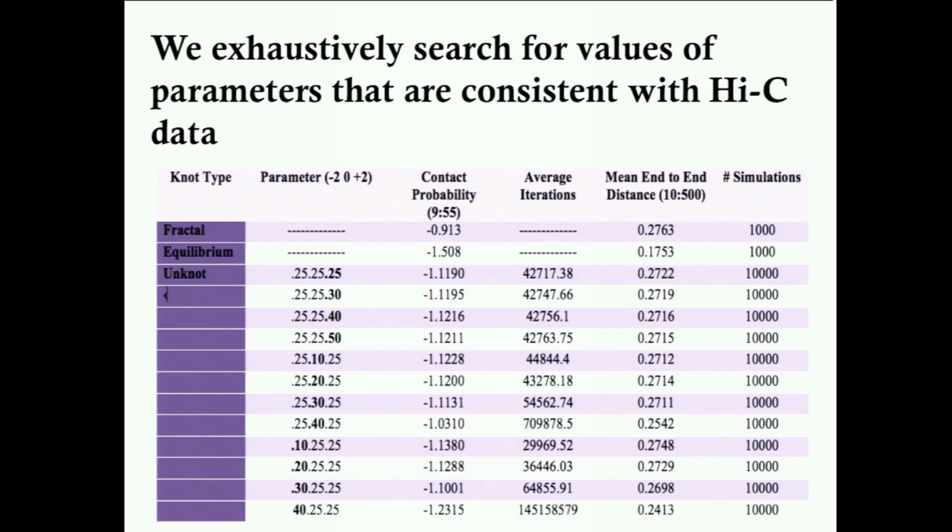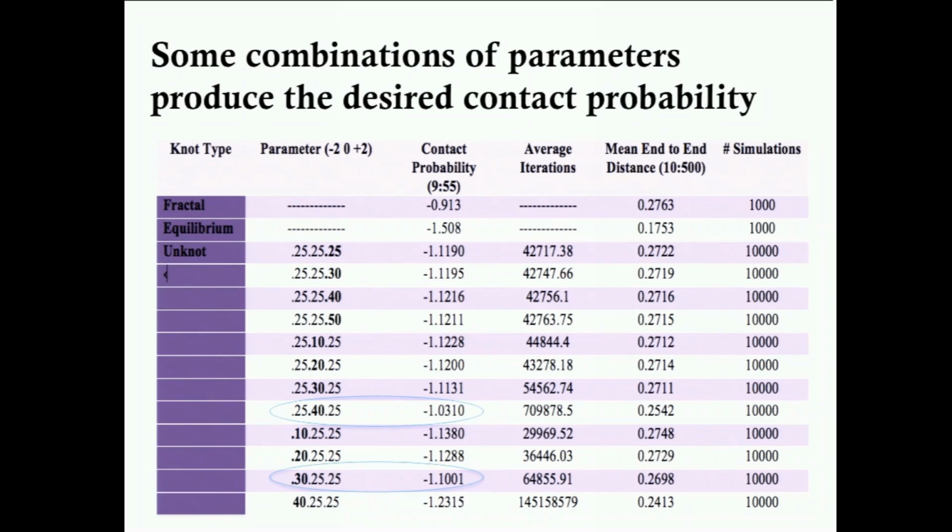So the dynamics can be quite different depending on these parameters. We found that this combination of parameters, where the probability of accepting the move -2 is 0.25, the same as +2, so they have equal probability, and then 0.40 for just flipping corners, gives you this result, and something similar for this other combination of parameters.